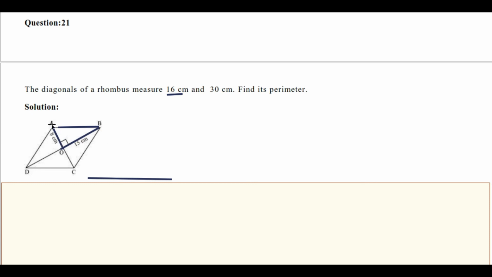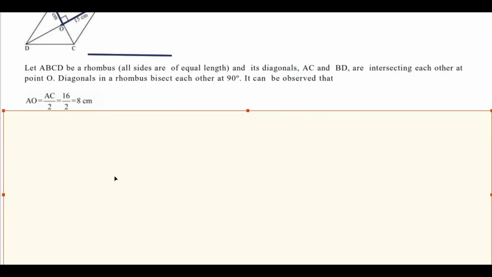So here we can see this is the right angle triangle AOB, in which we have AO 8 centimeter as the perpendicular, OB is the base, which is 15 centimeter, and we need to calculate the hypotenuse, which is AB. So after solving this, first you will write here like this.